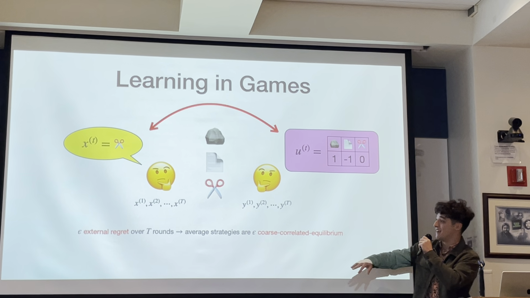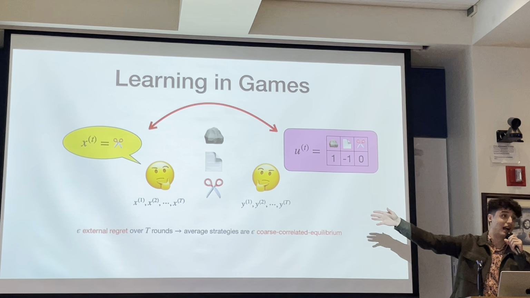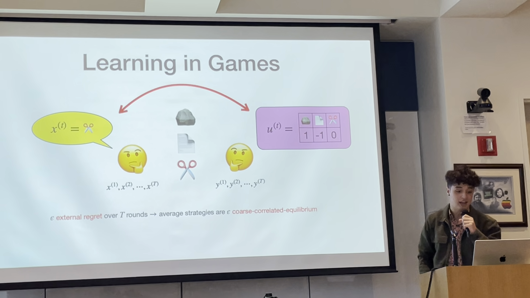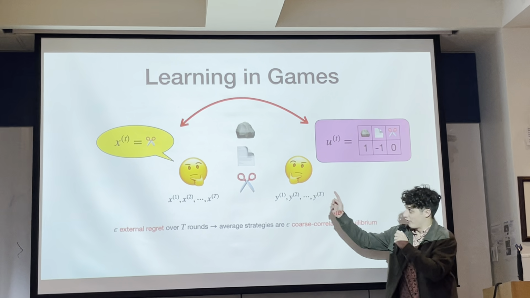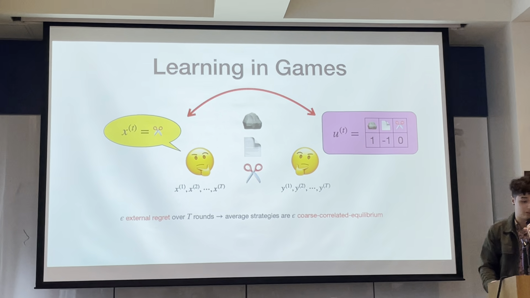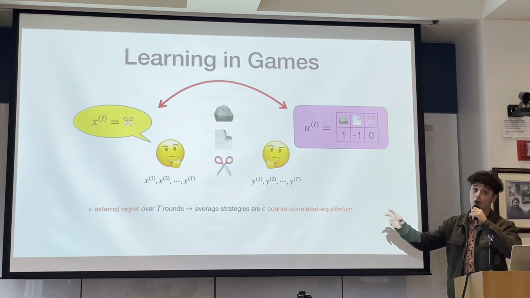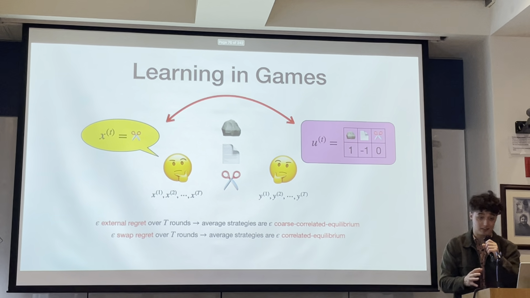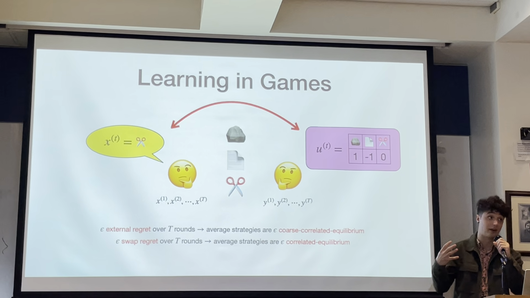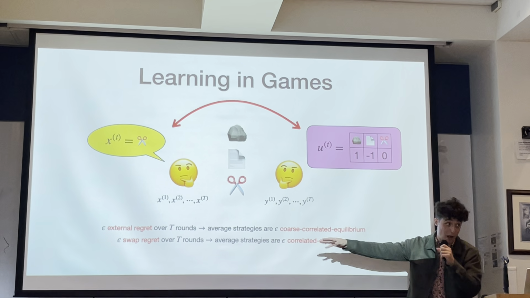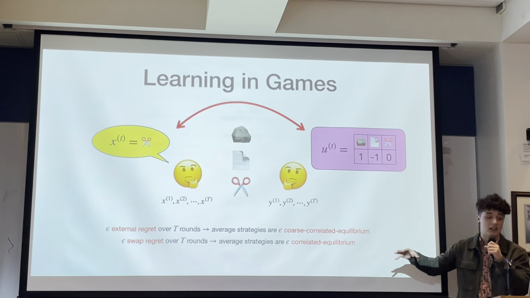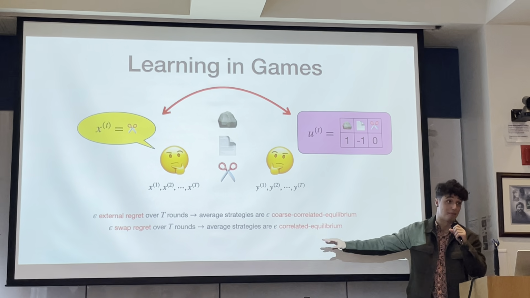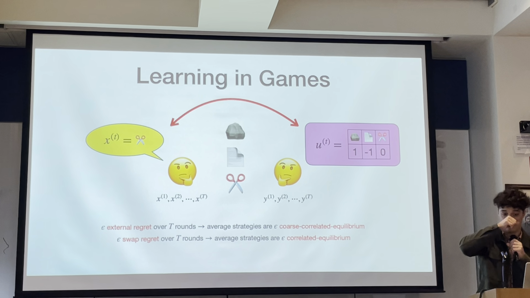Namely, if we have learners running no external regret algorithms, and they each obtain an external regret of epsilon over t rounds, then their average strategies over this time interval are an epsilon approximate coarse correlated equilibrium, which I'll define in just a second. On the other hand, if the learners have the stronger guarantee that they attain epsilon swap regret over these t rounds of learning, their average strategies converge to a correlated equilibrium in this game, which is a much more powerful notion of equilibrium.